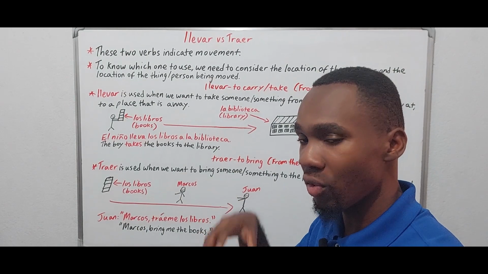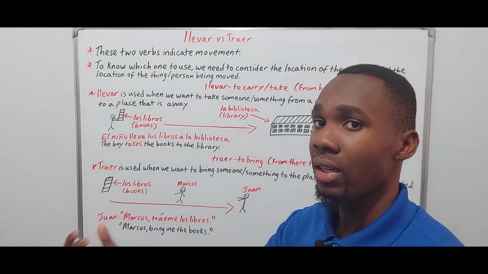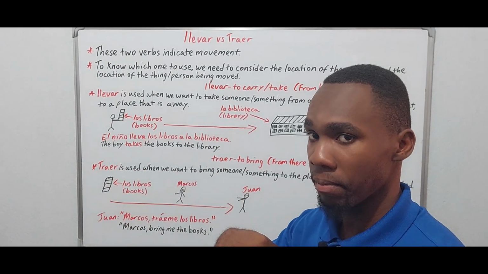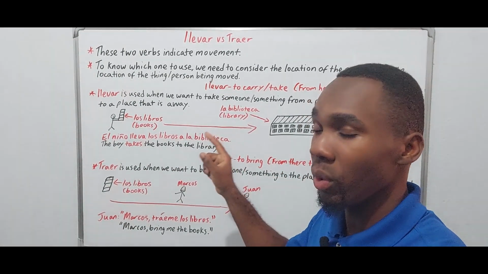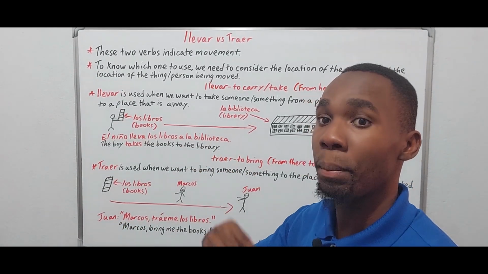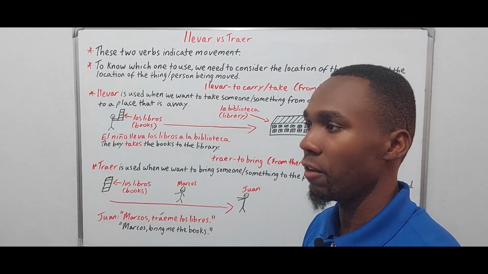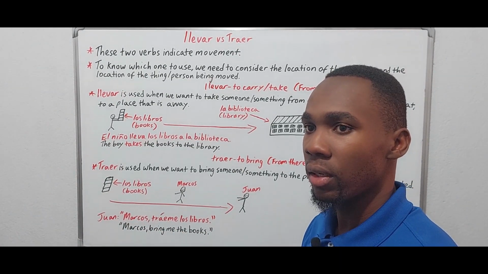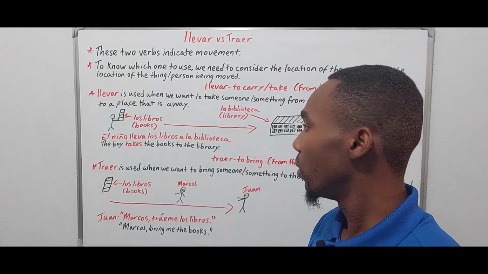So the speaker is already at the destination, and anything that has to be transported has to come to them. Just like I compared llevar with ir, I can compare traer with venir, the verb to come, because to come involves movement toward the speaker.